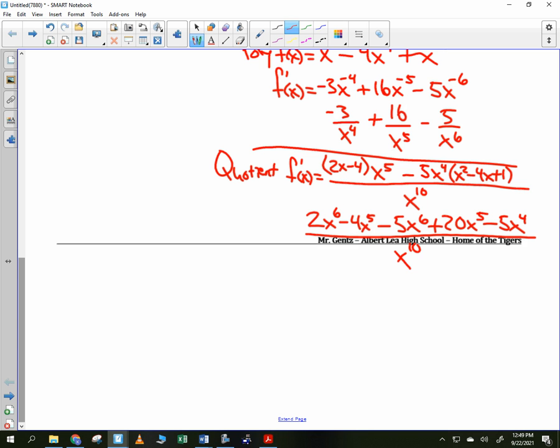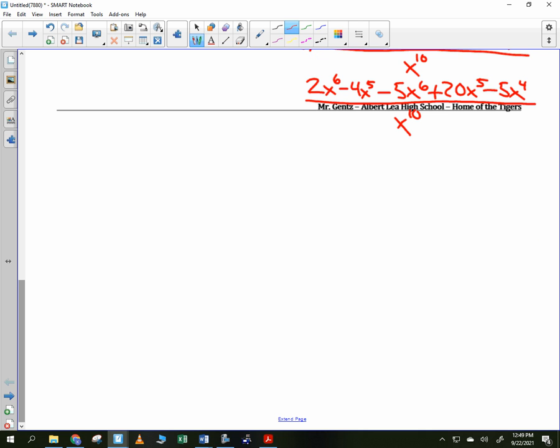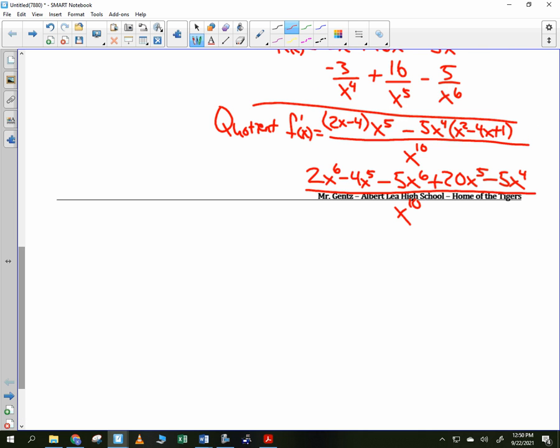x to the 10th. Are there any like terms we could combine there? Yeah, I've got this 2x to the 6th and negative 5x to the 6th. That's negative 3x to the 6th. So those are gone. I've got my negative 4x to the 5th and positive 20x to the 5th. That's positive 16x to the 5th.